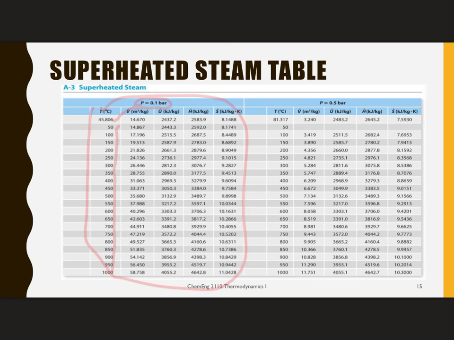And then the next entry is going to be over here, and all of these start with a saturation at that pressure and increase the temperature. Notice at 50, there's a blank here because it's not a steam then, right? The saturation temperature is 81.317, so there is no vapor at 50 degrees C.